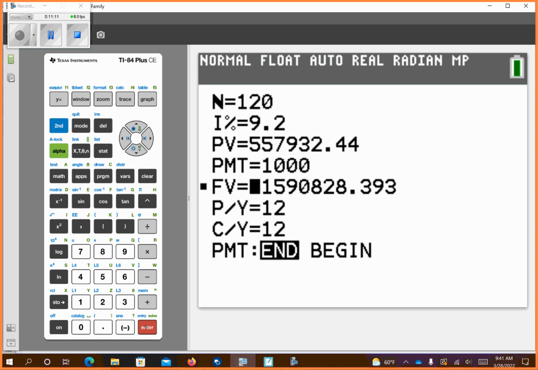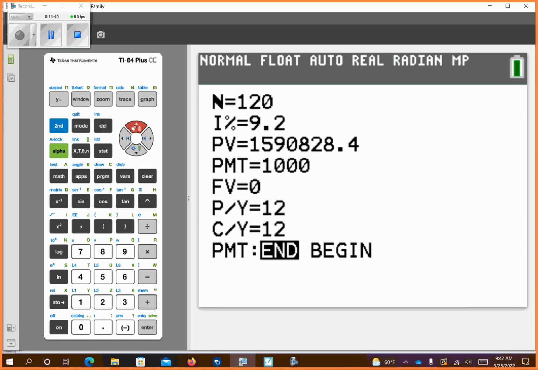All right, so now, Stirrup said I can retire when I am 60. Okay. $1,590,828.40, rounded to the nearest penny. We want our future value to go down to 0. From age 60 to 90, we're talking about 30 years.